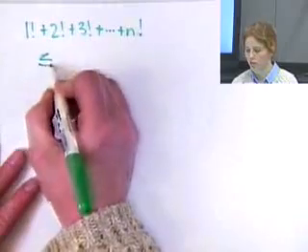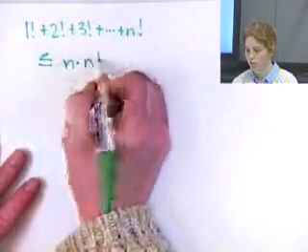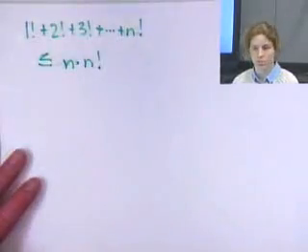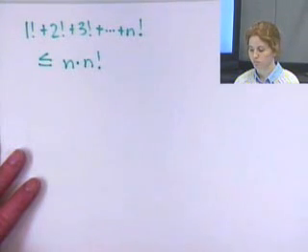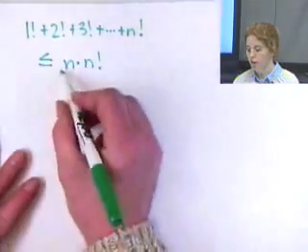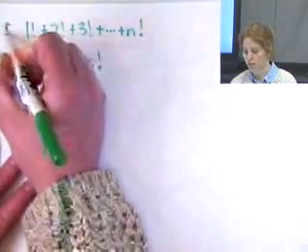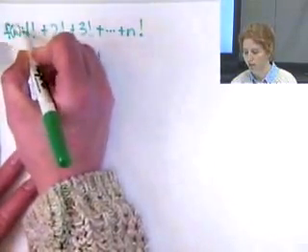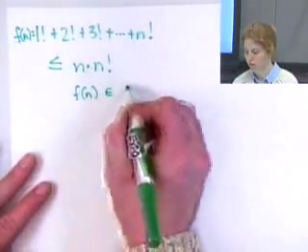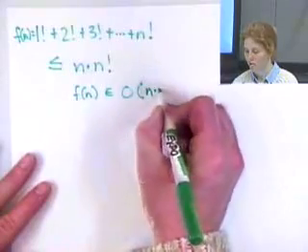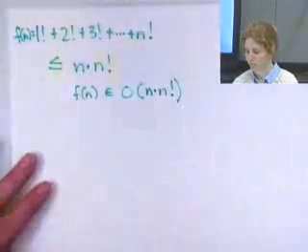So this is less than or equal to n times n factorial, which is the same as replacing each term with n factorial. So let's say that's f of n. I can say that f of n is in big O of n times n factorial.